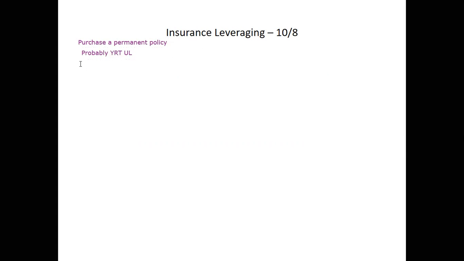Okay, you're going to max fund it right up to MTAR. That's good. You're going to get a guaranteed rate of return in the contract, okay, which might be 8%.